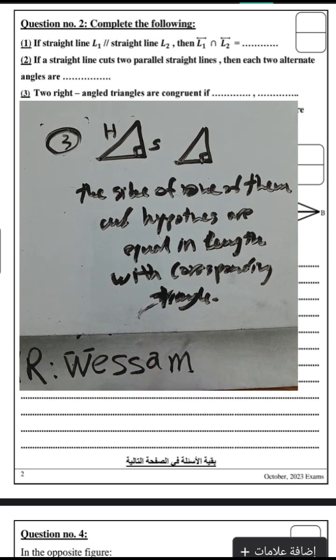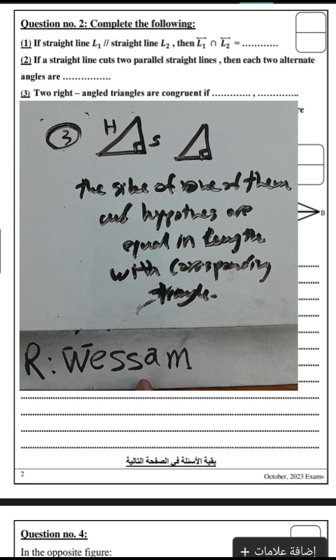It's the third or fourth condition. Right angle triangles are congruent if the side length and the hypotenuse of the first triangle are equal in length with the corresponding triangle.